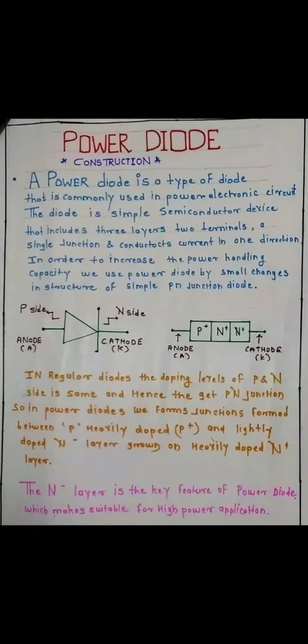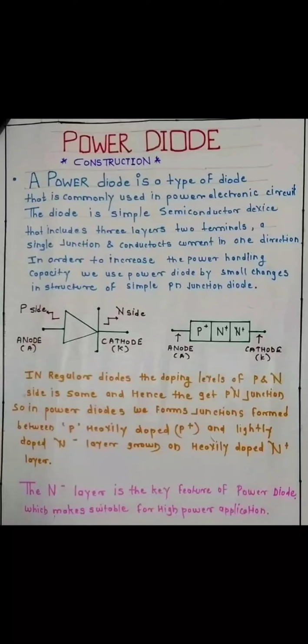The N minus layer is the only difference between a power diode and a regular diode. It is added with a lightly doped concentration, and as we know, the thickness of the space charge region increases with the decrease in concentration.